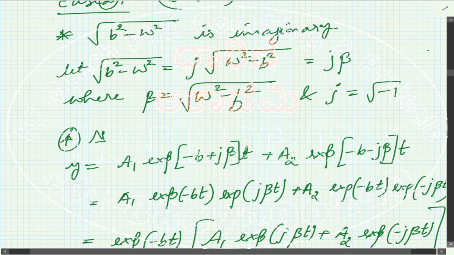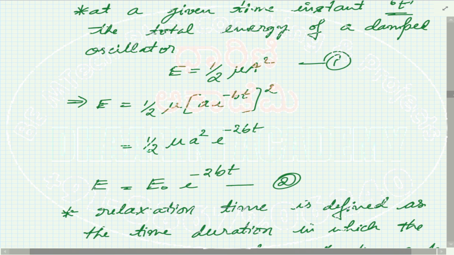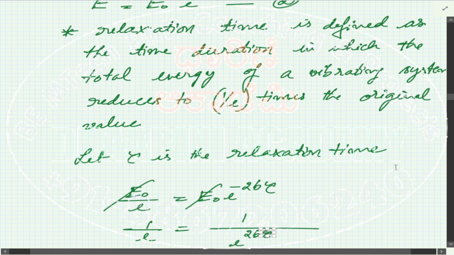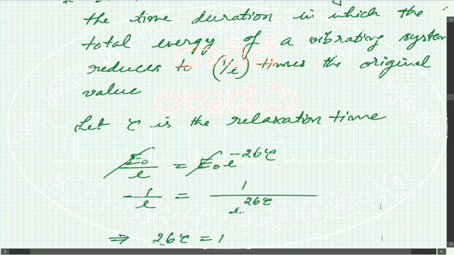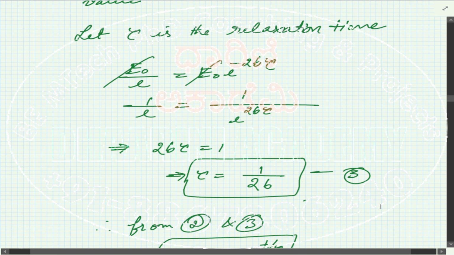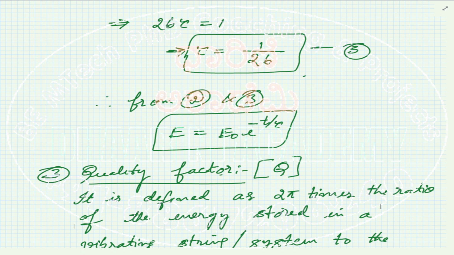After equating those terms, E is equal to E0 into e to the 2 beta t. And then once we equate for relaxation time, we get tau equal to 1 divided by 2b. So E is equal to E0 into e to the power minus t by tau, with the tau value as 1 by 2b.